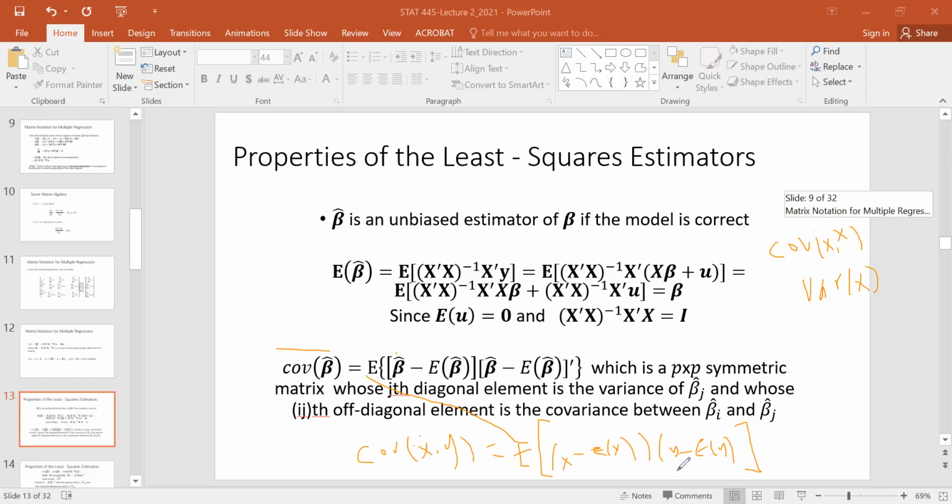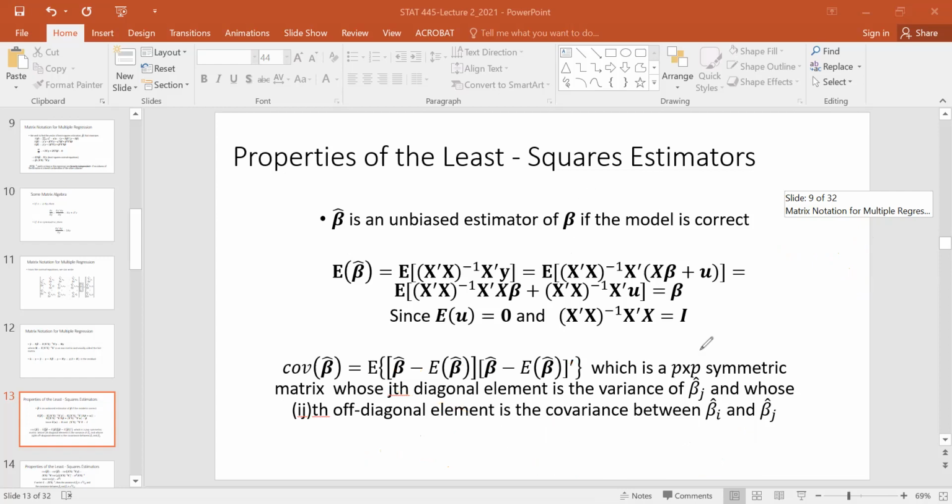Covariance of X and Y in statistics, you all know it is this. But in our case, we are looking for the variance of something, and it's the same as the covariance of that thing and itself. So it is just like the X and the Y are the same. So you have to put X here and repeat it. But in matrices, you can't just write something and multiply by its own self. For matrix multiplication compatibility to hold, we always transpose one of them so that they'll be compatible.